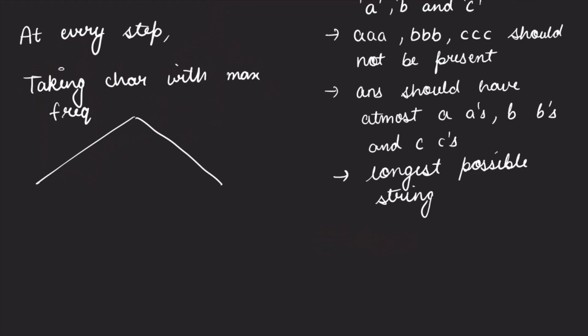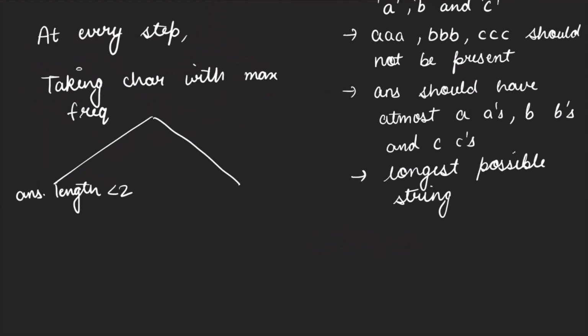That means the length of the answer is less than 2. In that case, you do not have two characters to compare with this character, so you will simply take this character and add it to the answer, and you will decrease its frequency. Whenever I say decrease frequency, that means we are always decreasing the frequency by 1, right?